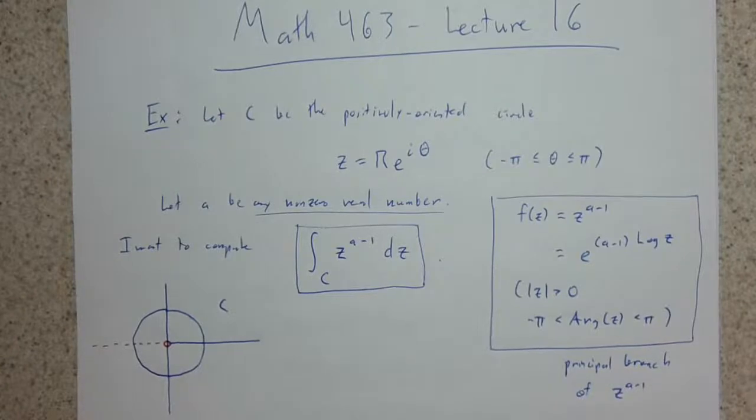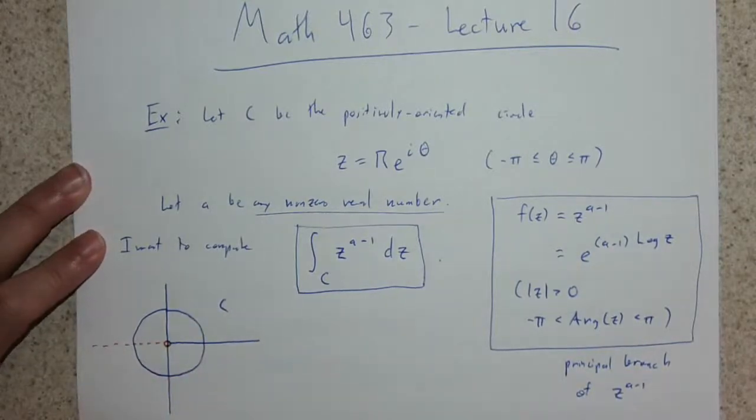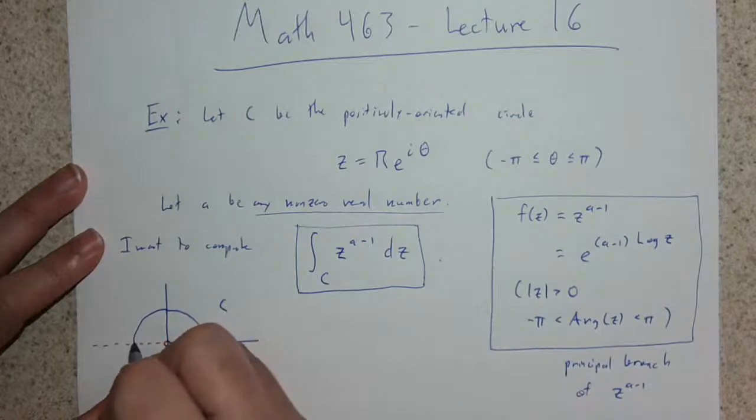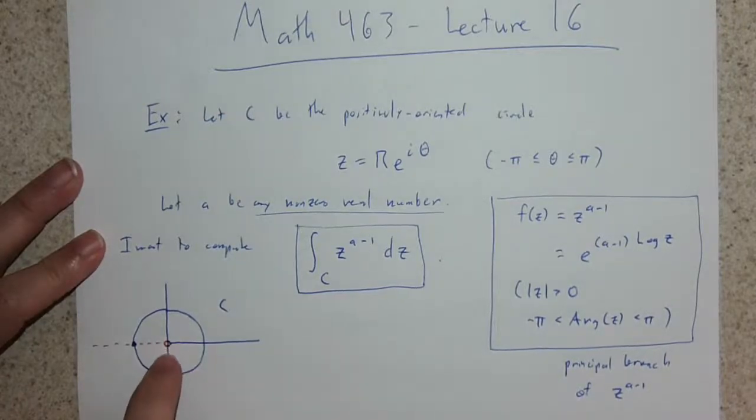Okay, and so for instance, my curve C definitely crosses this branch cut here. My C is not crossing the branch point, it's not going through there at all, so that's not an issue.